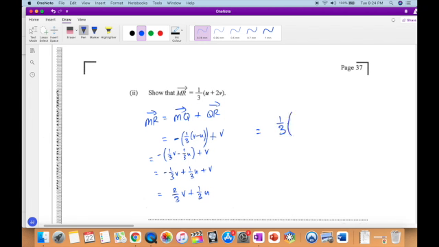And what will we get? We will get 2V plus U. 1/3 times 2V is 2/3 V, 1/3 times U is 1/3 U. So therefore, 1/3 U plus 2V is the proof.